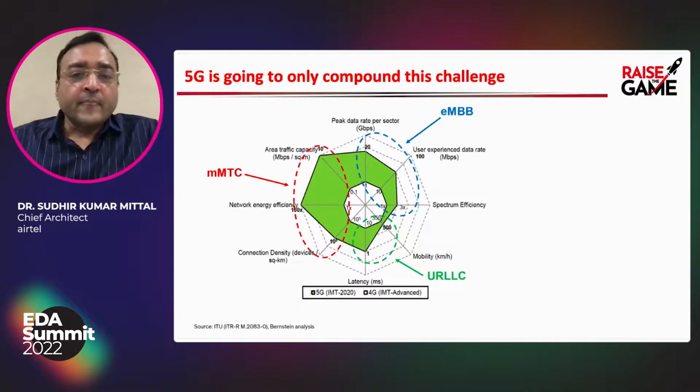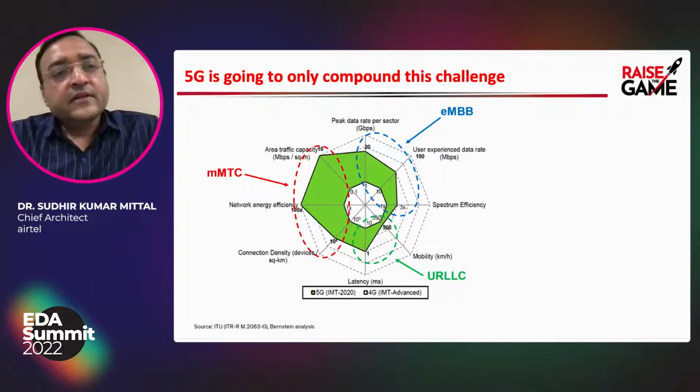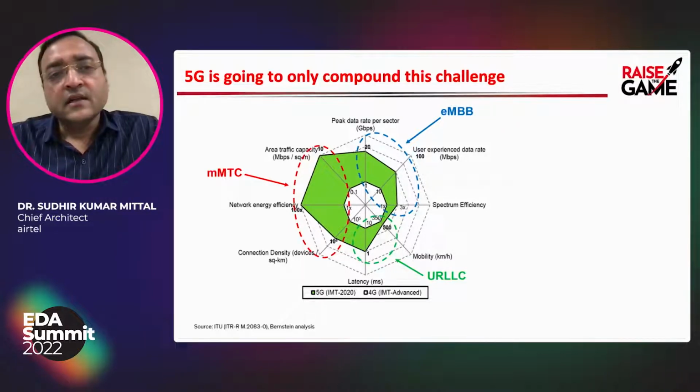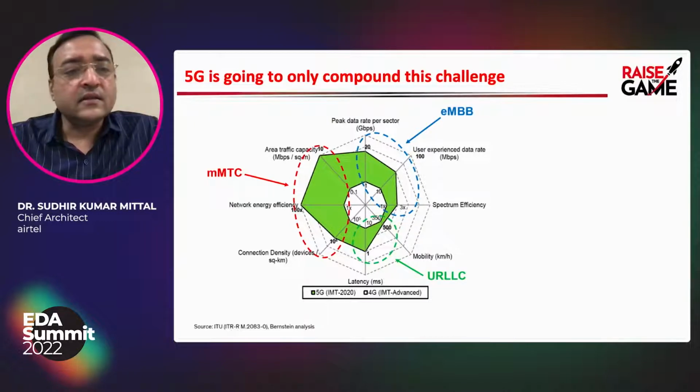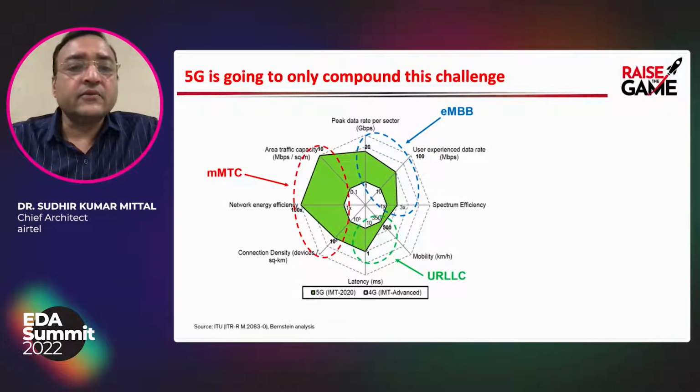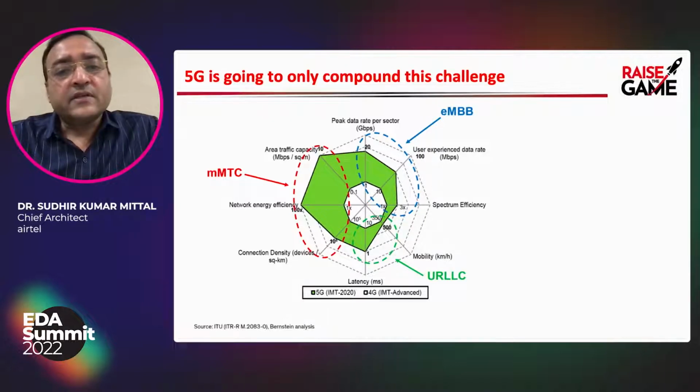And on top of it, 5G, which is around the corner now, brings fresh challenges, and these challenges are only going to compound. 5G primarily gives three aspects: eMBB, URLLC, and mMTC. eMBB is enhanced mobile broadband, which provides very high peak data rate per sector.